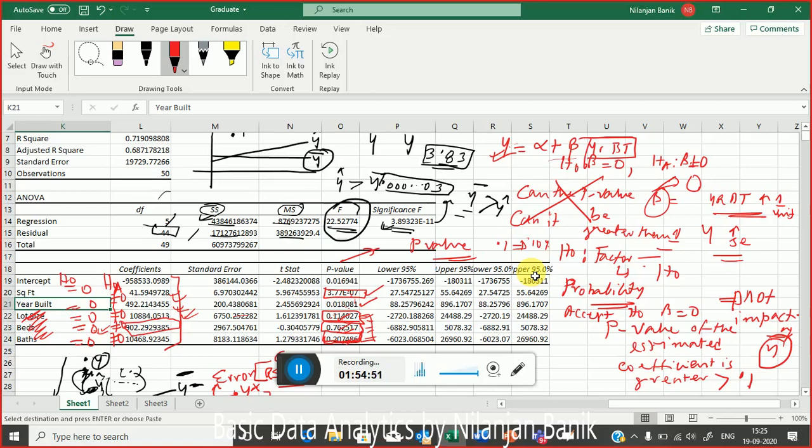Ideally, one should consider the variable which is statistically significant only at the 1% level, or at most the 5% level. Then you can say that these variables are actually impacting the price of the house.